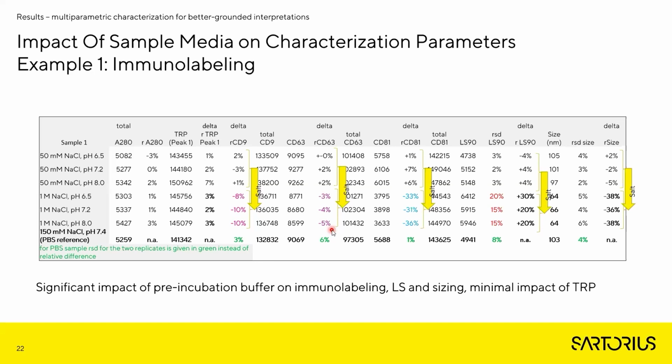So in this particular case, we can link the decrease in size to the shrinkage of particles in response to hypertonic conditions rather than to the degradation of the particles as such.